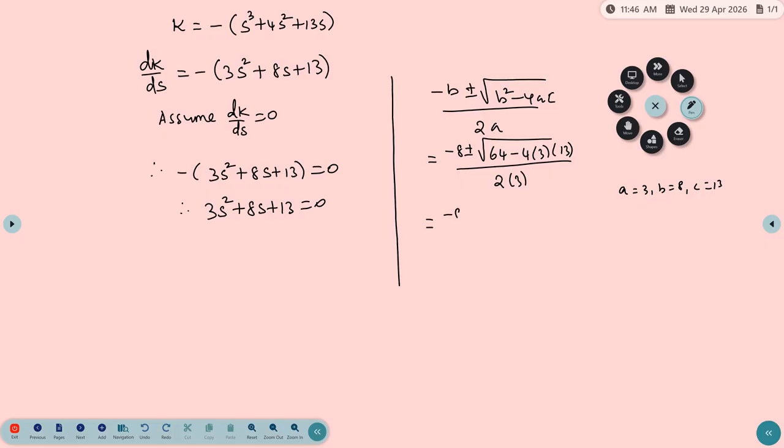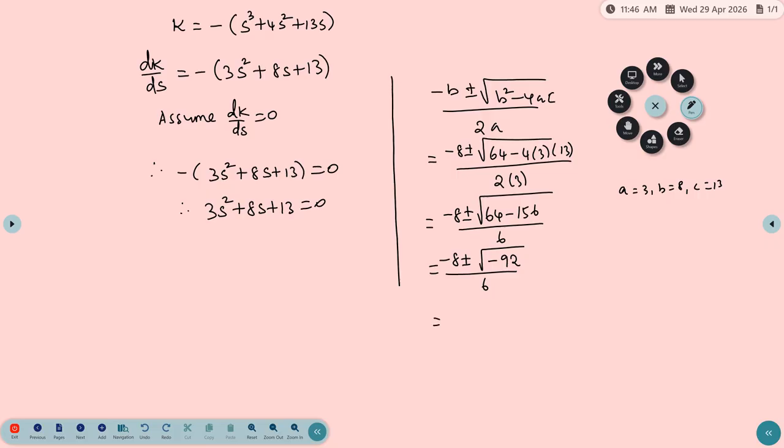We can rewrite minus 8 plus or minus square root of 64 minus, 4 into 3 is 12, 12 into 13 is 156, divided by 6. So 64 minus 156 means we will have square root of minus 92 divided by 6.